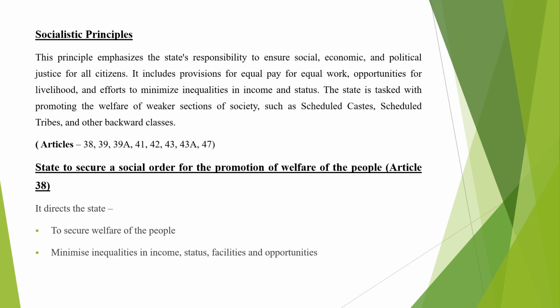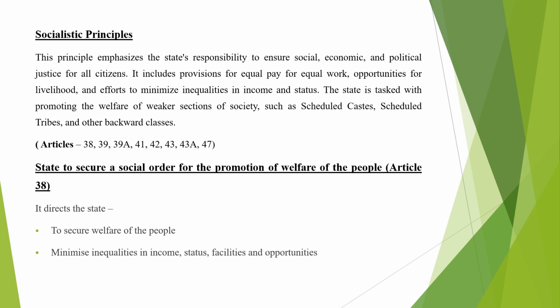Now let's see what actually Article 38 talks about. Article 38 talks about the state to secure a social order for the promotion of welfare of the people. To understand better, let's break it down easily. Now, to whom is Article 38 talking? Article 38 is talking to a state and tells the state to secure social order for the promotion of welfare of the people.